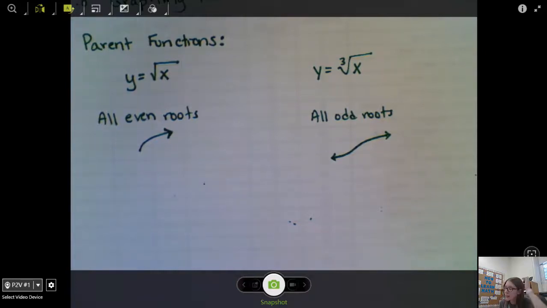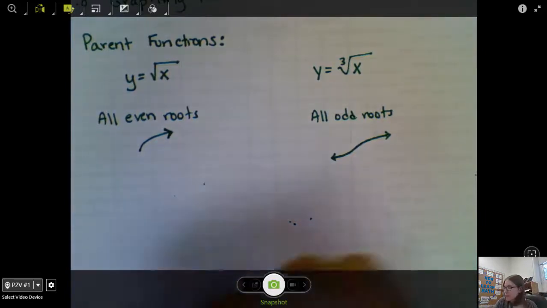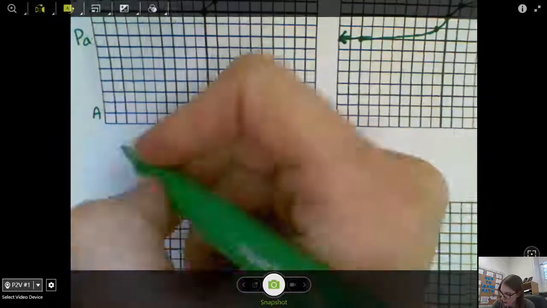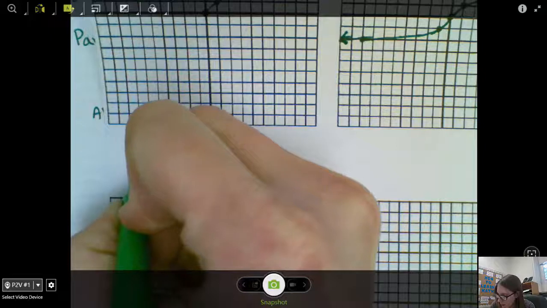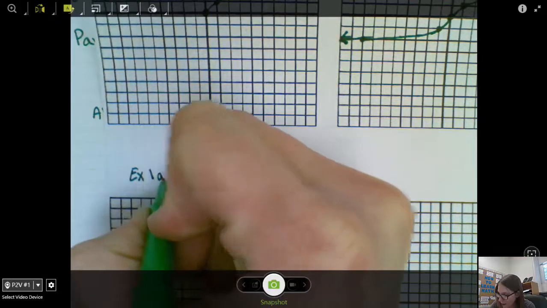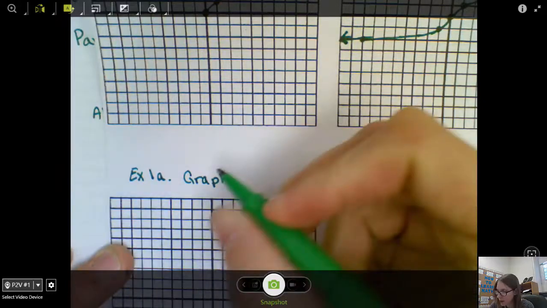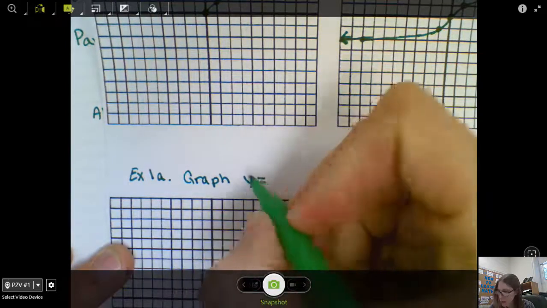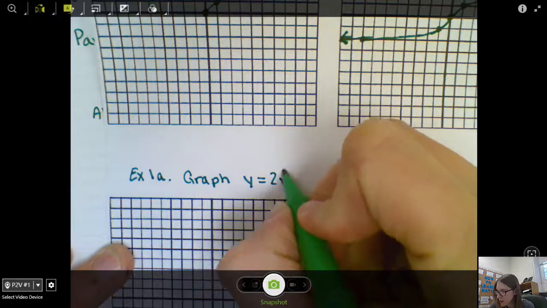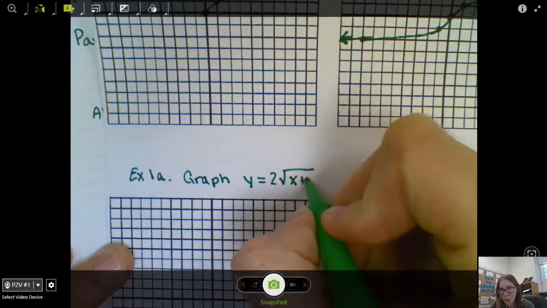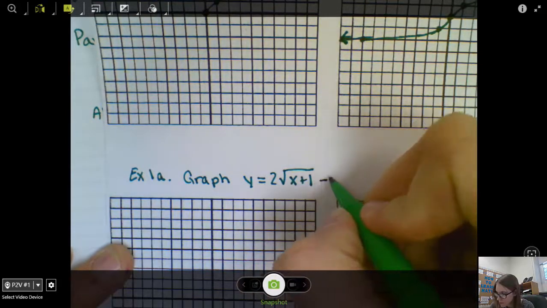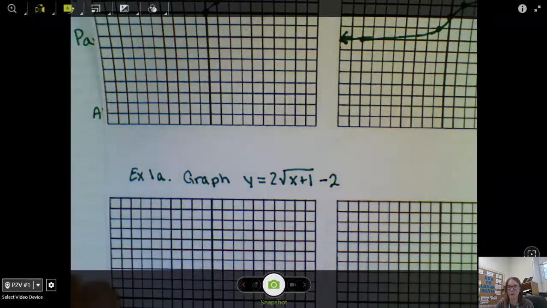All right, my first example, I'm going to graph. Example 1a. Let's graph the function y equals 2 times the square root of x plus 1, minus 2.